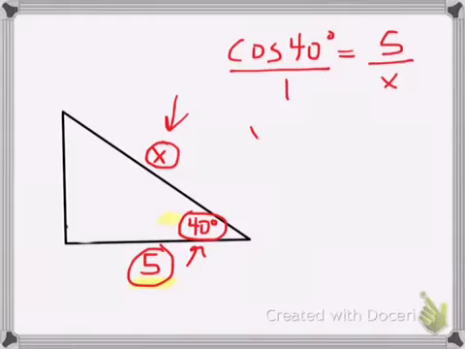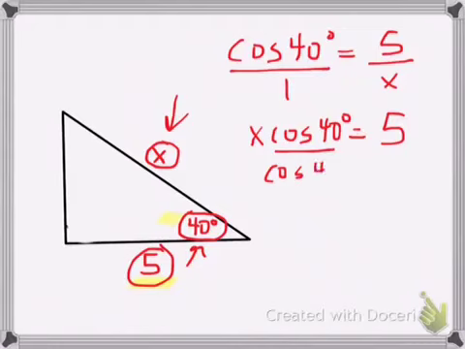If you cross multiply, you get x times the cosine of 40 equals 5.